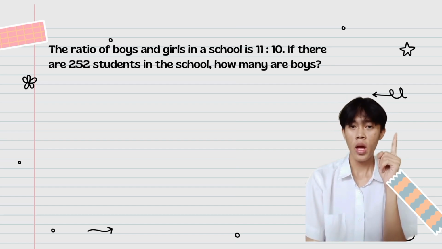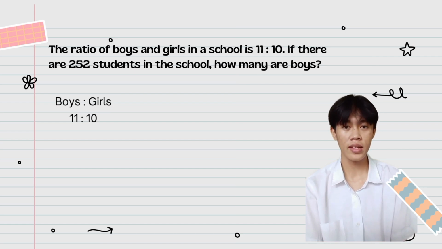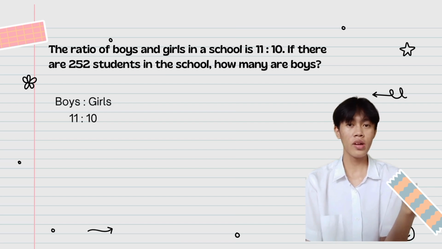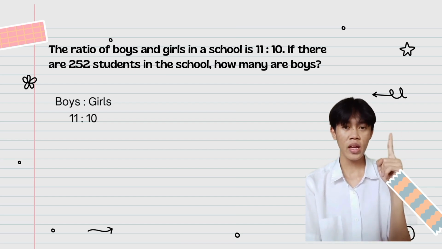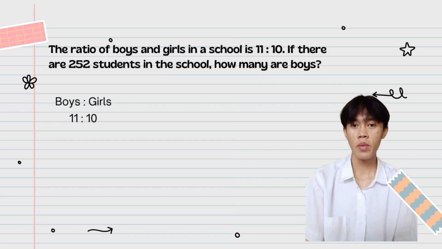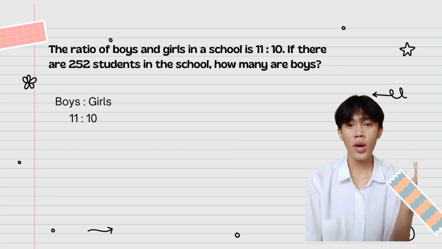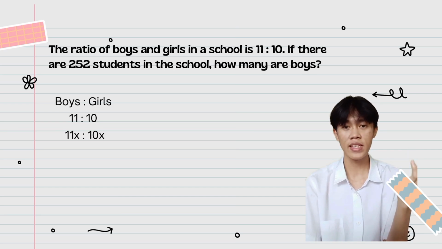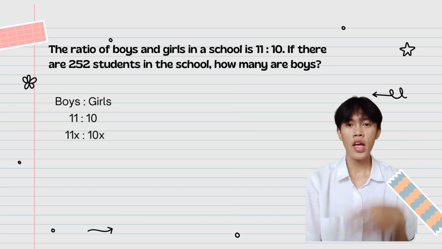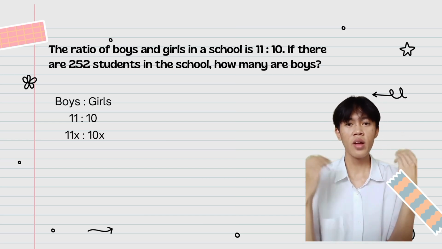There are a few different ways we could go through this question. One way would be to take this ratio of 11 to 10. Remember, we're comparing boys to girls, and one little trick we could use is to multiply each of these terms by x. So we could say this is the ratio of 11x to 10x, because if there are 525 students in the school, just doing 11 plus 10, 21 students, is not enough.